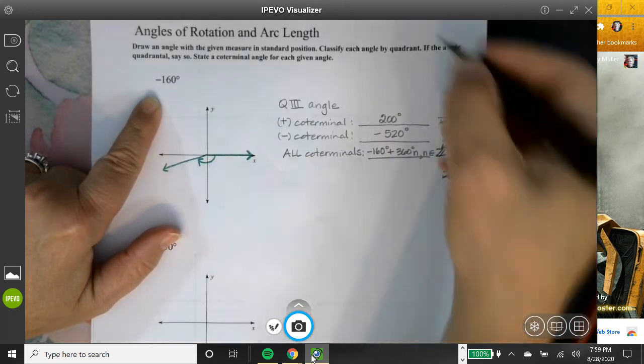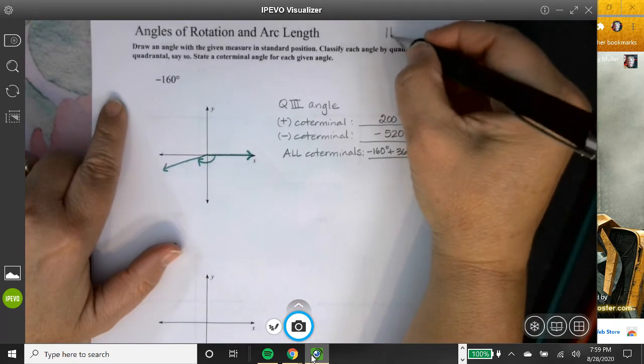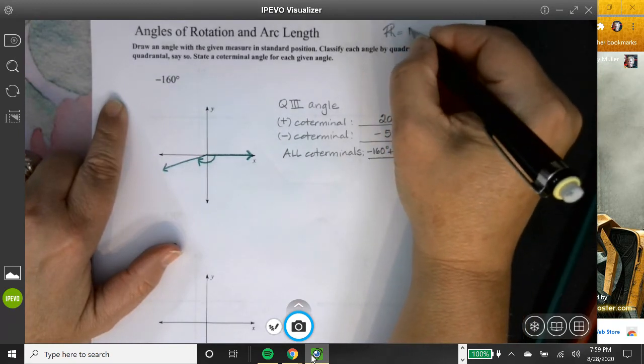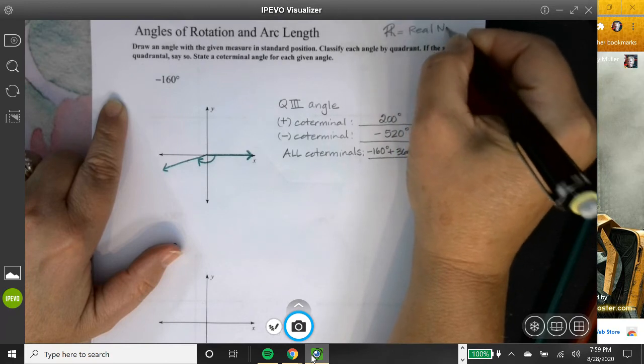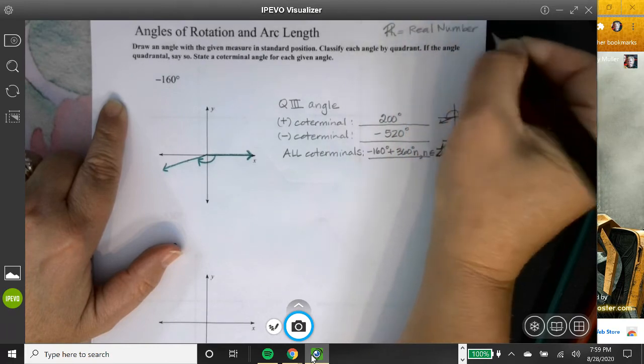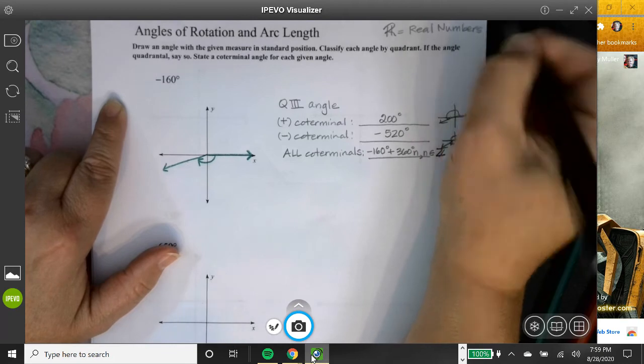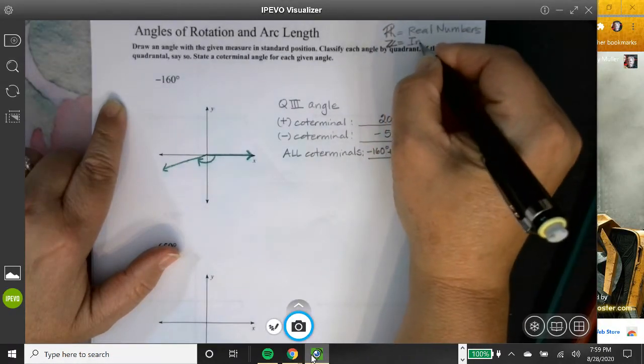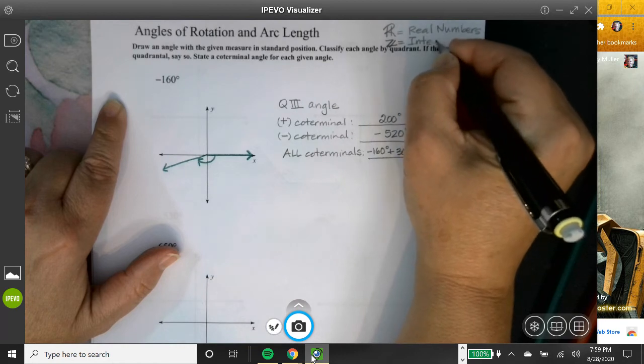Now we're all used to the real numbers, the set of real numbers represented by this fancy r. Well, I'm going to tell you that the integers are represented by a fancy z.